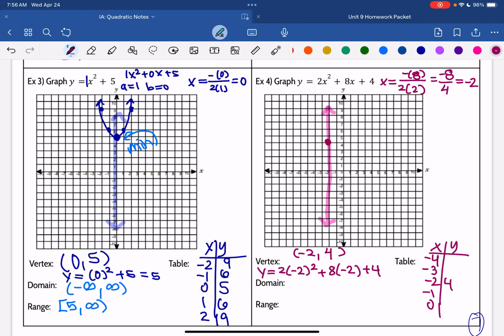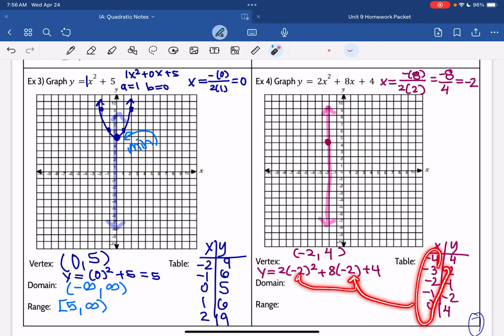Okay, let's plug some values in. Now remember, again, I'm just taking these x values and plugging them into our equation.